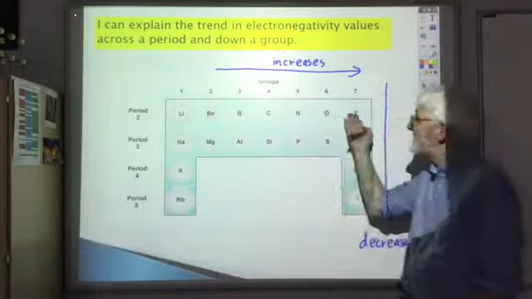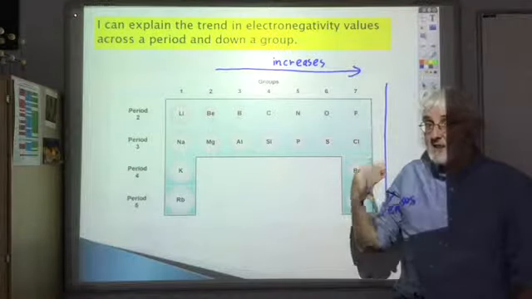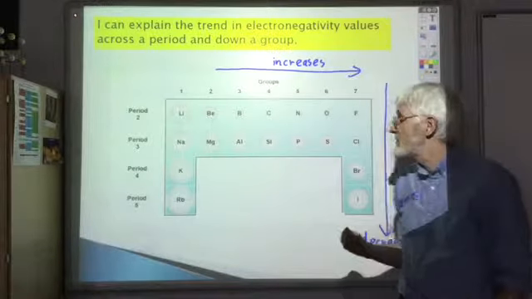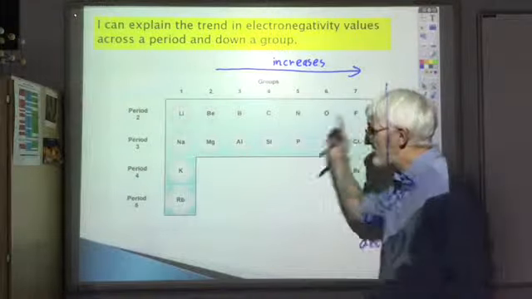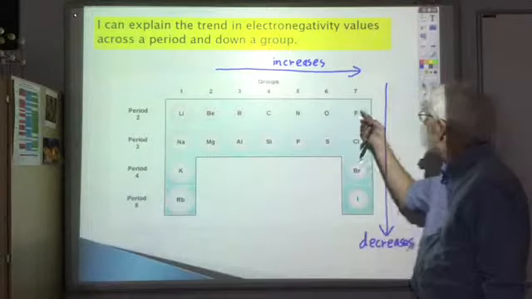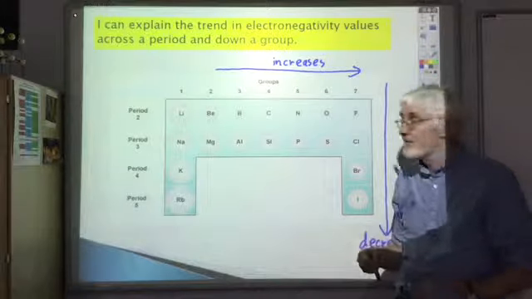They increase across a period, as always, because of the increase in the nuclear charge. So the fluorine has a higher nuclear charge, 9+, than the lithium, and so it's going to attract bonding electrons more strongly than lithium.